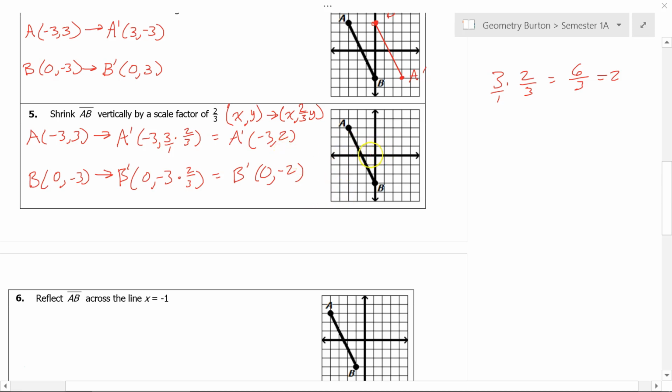Negative 3 comma 2 would be right here. So that's going to be my A prime. And 0 comma negative 2 is going to be right here. So that'll be my B prime.